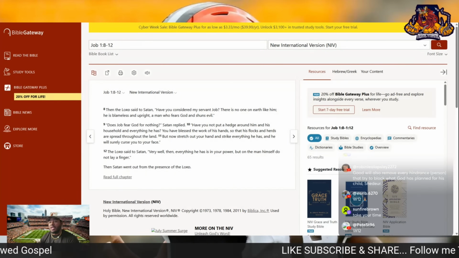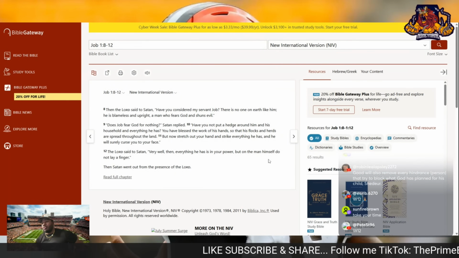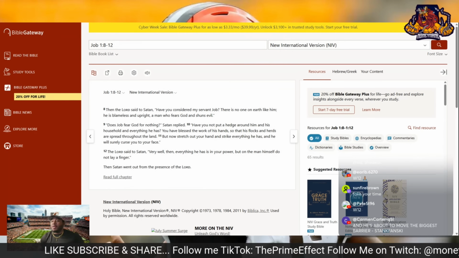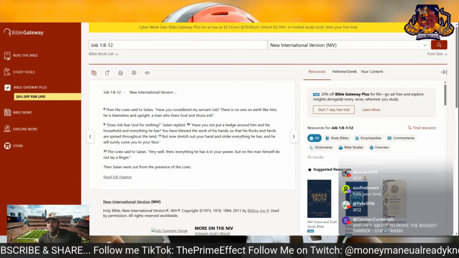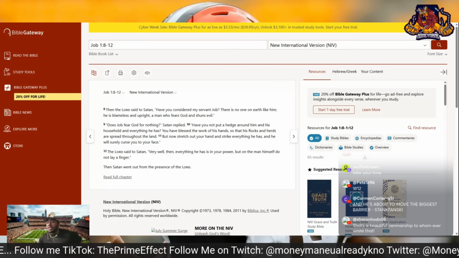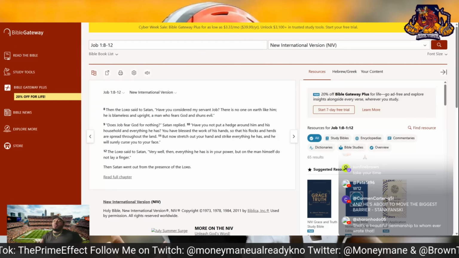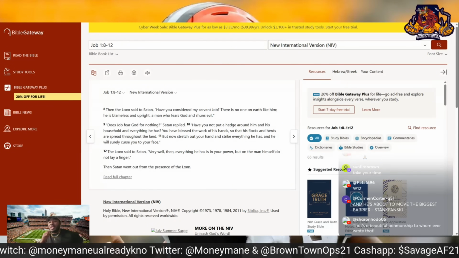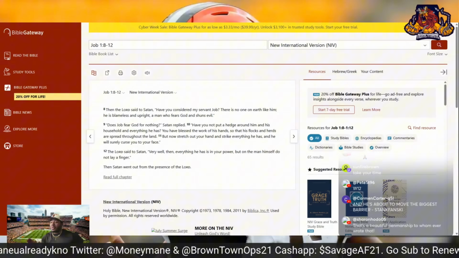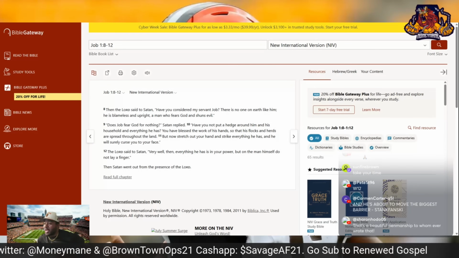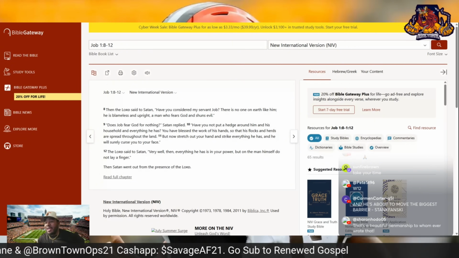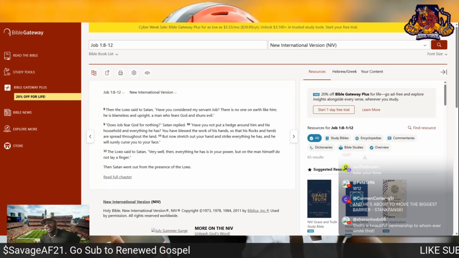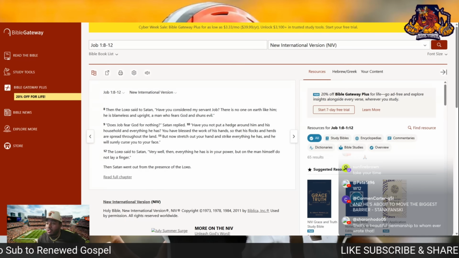The Lord said to Satan, have you considered my servant Job? There is no one on earth like him. He is blameless and upright, a man who fears God and shuns evil. Does Job fear God for nothing? Satan replied, have you not put a hedge around him and his household and everything he has? You have blessed the work of his hands so that his flock and herds are spread throughout the land. But now stretch out your hand and strike everything he has, and he will surely curse you to your face.